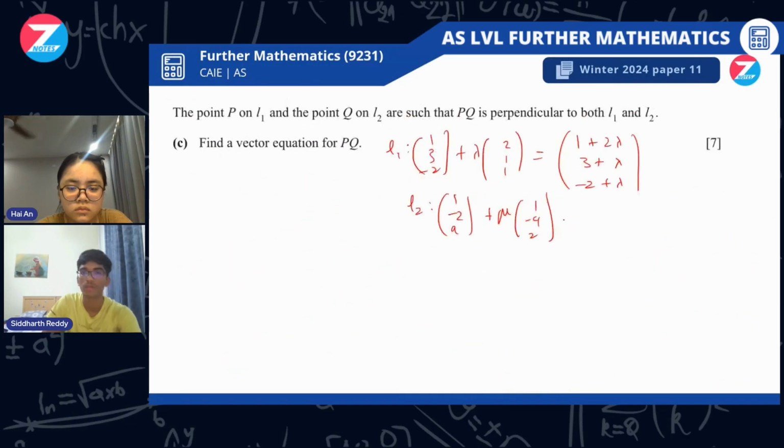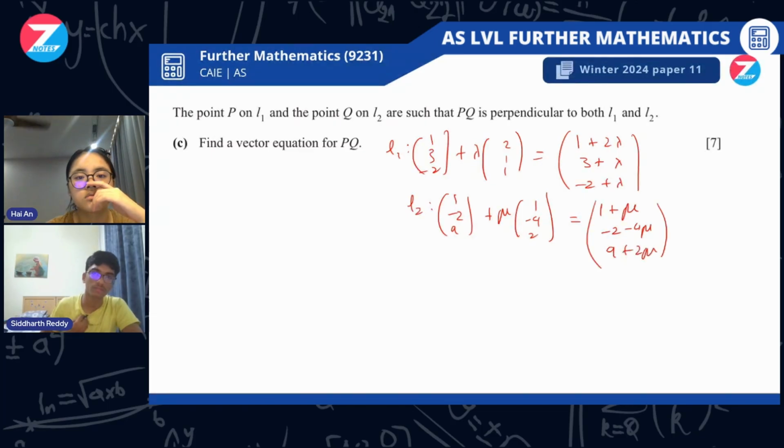You can write this as (1 plus mu, -2 minus 4 mu, 9 plus 2 mu). So any point on these lines will be given by this.